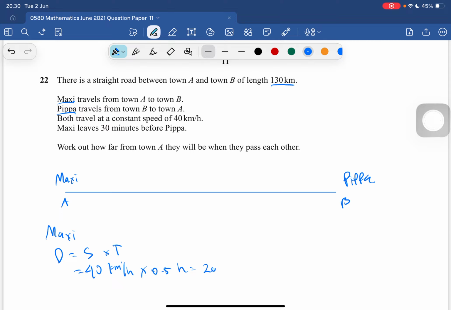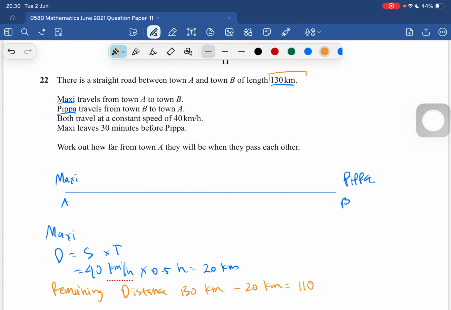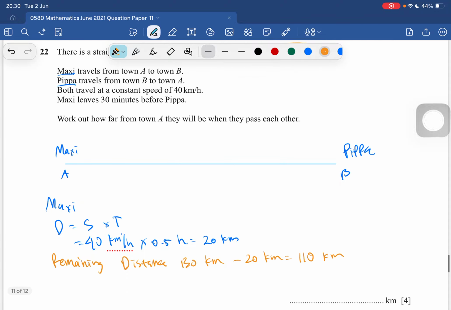So this is 20 km. So Maxi has already gone 20 km. So let us find the remaining distance. The total is 130 km. We minus 20 km. So we got 110 km.